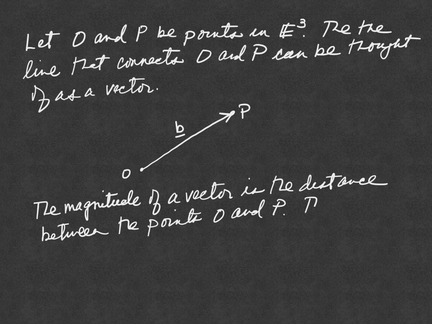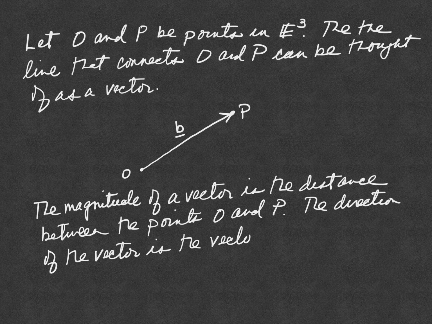And the direction of B, or of the vector, is the vector itself divided by its magnitude.